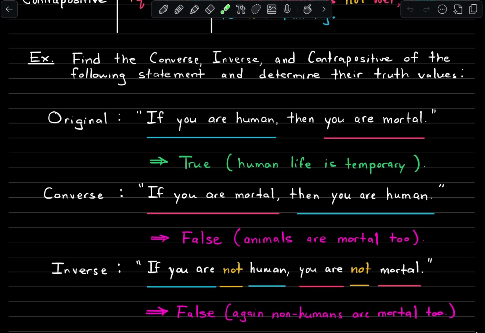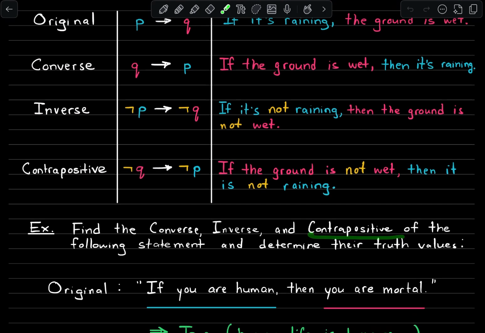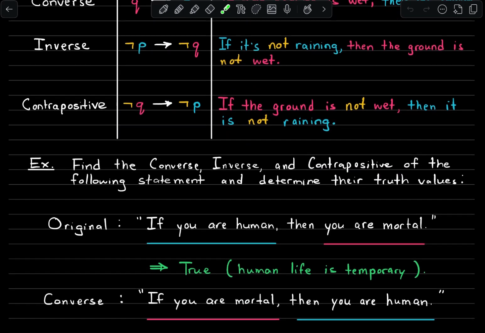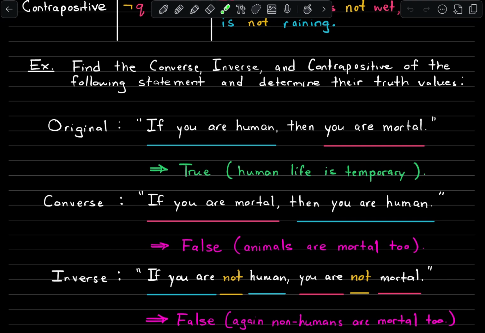Okay, and finally, we're going to look at the contrapositive. And the contrapositive is switch the order and throw a negation in front of both. Okay, so this is going to look like we're going to put the mortal condition first, the human condition second, and we're going to put the nots in front of each one.